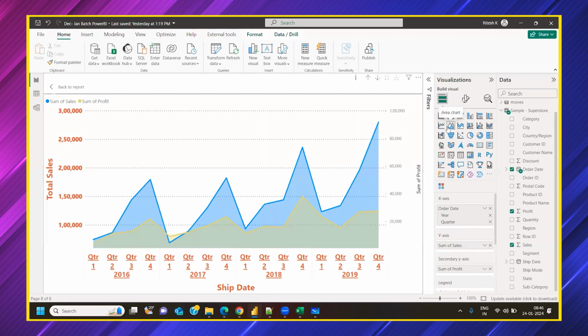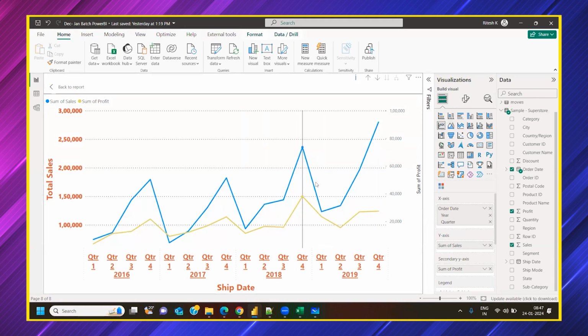These two charts are similar. I'm not saying dependent, both are independent, but both charts work in a similar manner. The only change is that an area chart will cover a specific highlighted area, whereas a line chart will never give you that highlighted area. It is purely a single line.